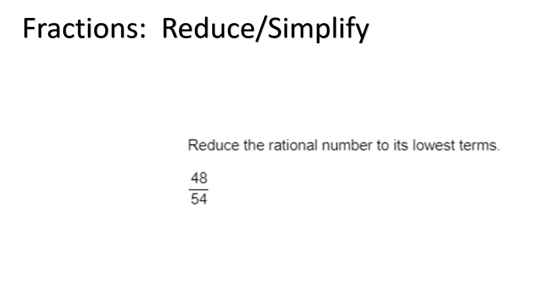That means we want to keep dividing the top and the bottom, numerator and denominator, until we get it to lowest terms. I notice that 6 will go into each of these, and if I divide both the numerator and the denominator by 6, 48 divided by 6 is 8, and 54 divided by 6 is 9. Now, 8 and 9 have no other common divisors, so we call that lowest terms.